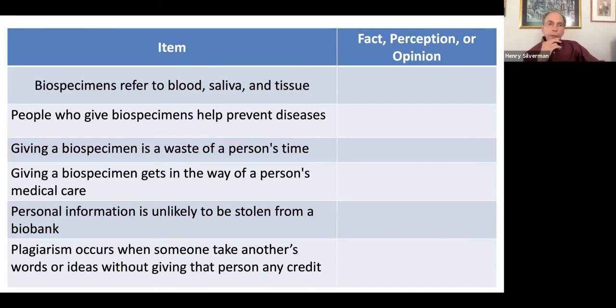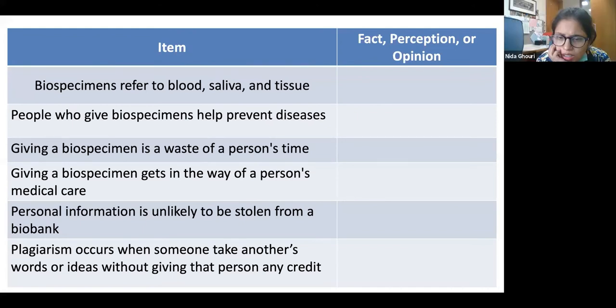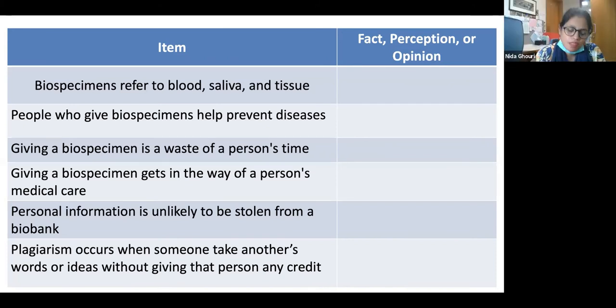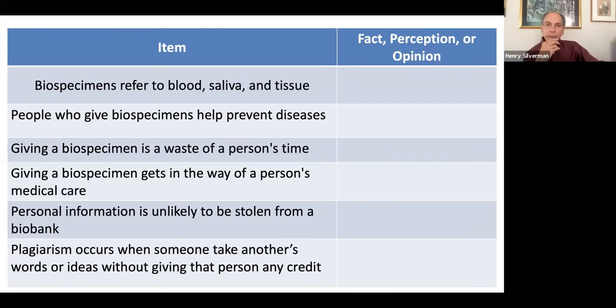Well, see, the third one, giving a biospecimen is a waste of a person's time. It is also opinion. But when you compare it to the second question, no one is offering an agreement or disagreement. It's just a perception that giving biospecimens help prevent diseases.